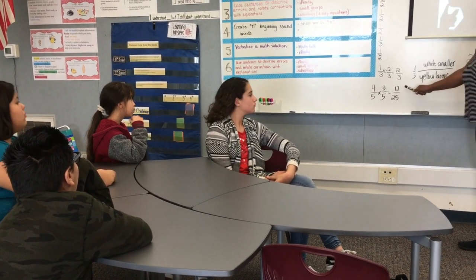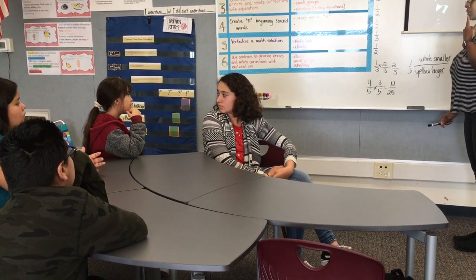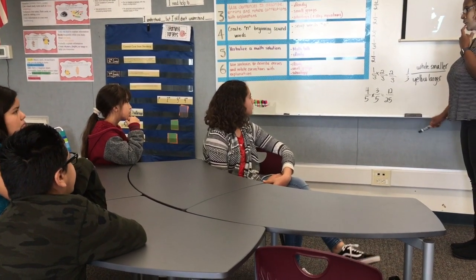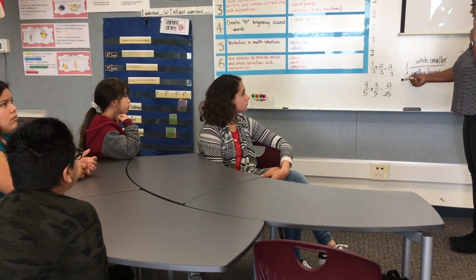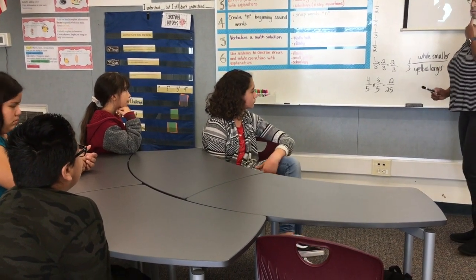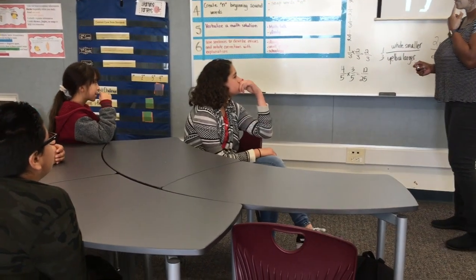I think you guys did it wrong because I think it's supposed to be simplified. This is supposed to be simplified? Or what's supposed to be simplified? 19/25 because it's a little too big. I said it's supposed to be simplified, and then she said it's wrong. Okay, so can we simplify this? Yes. How do we simplify? Someone walk me through how to simplify a fraction.